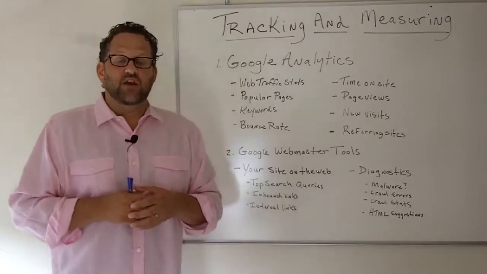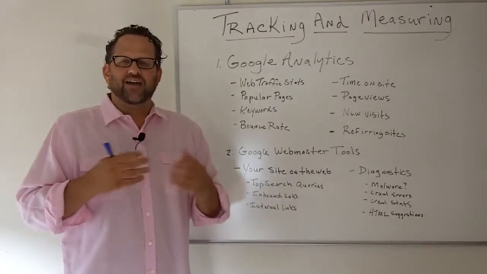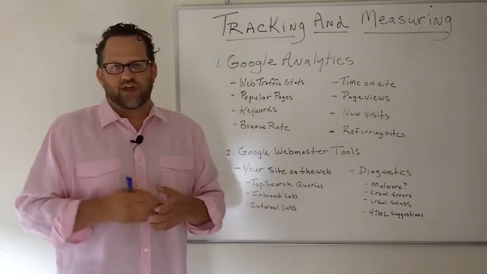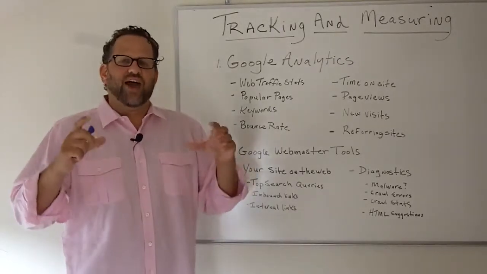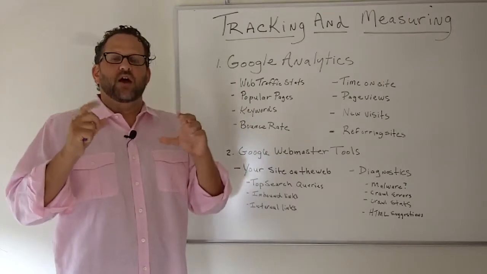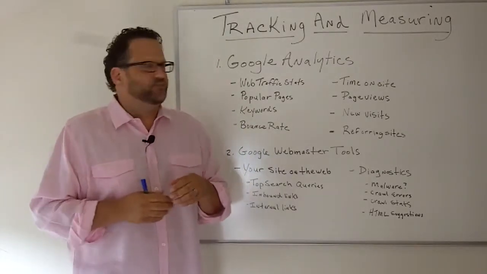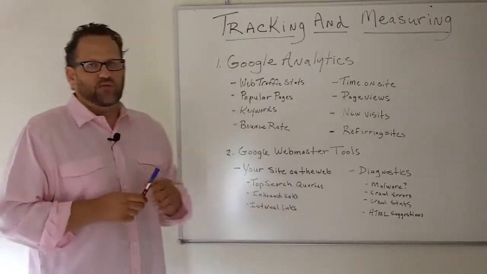Now, if you're not using WordPress, you'll need to access the code of your website, and you can ask your programmer, or if you're tech savvy, you could do it, and you'll need to actually take the snippet of code, paste it in each one of the pages on your website. So that way you can track every page on your website.